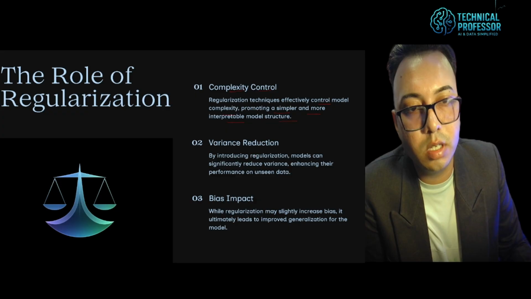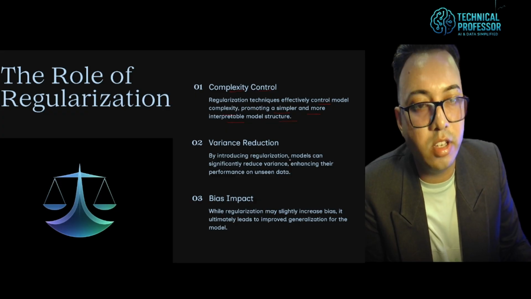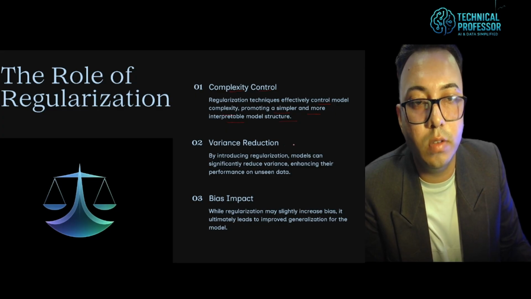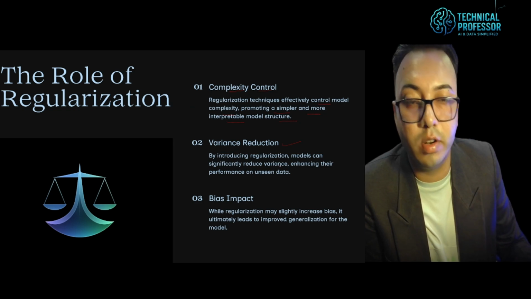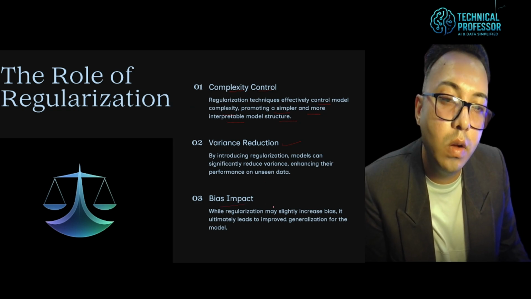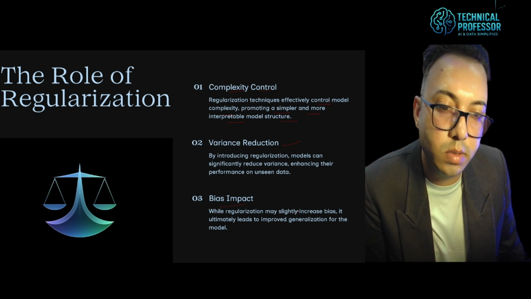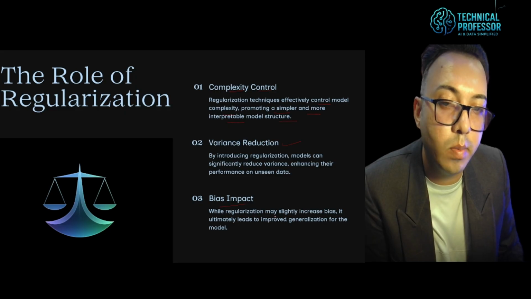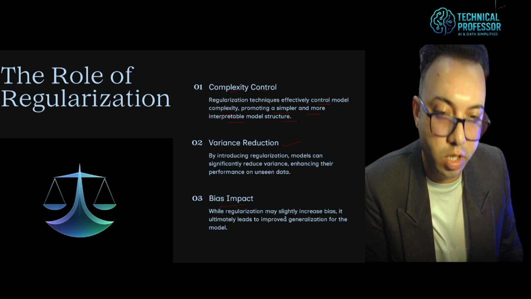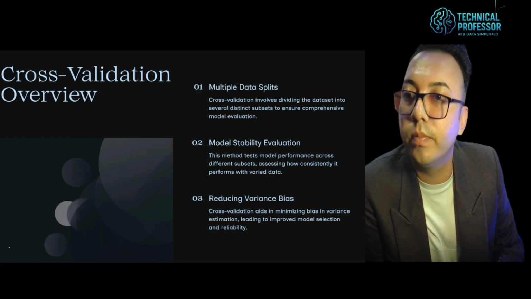And variance reduction: by introducing regularization, models can significantly reduce variance, enhancing their performance on unseen data. And third, bias impact. While regularization may slightly increase bias, it ultimately leads to improved generalization for the model.